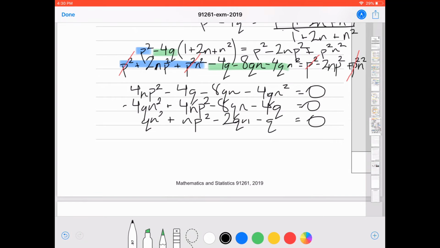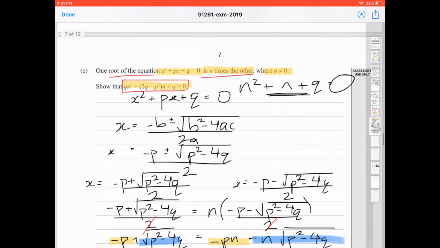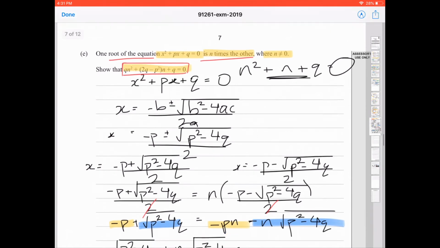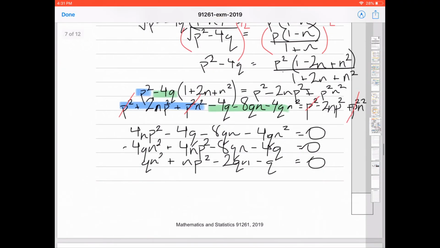Okay, now let's compare. I believe we have to work with our two middle terms. What have we got? Okay, so they've got qn squared plus 2q minus p squared n plus q. Let's look at that qn squared and q. Let's just make sure. Is this negative?